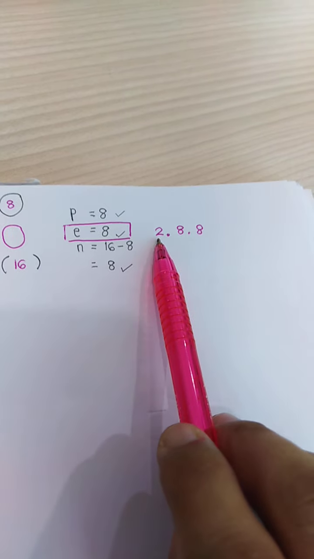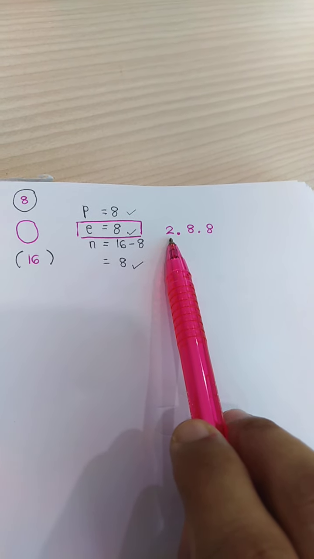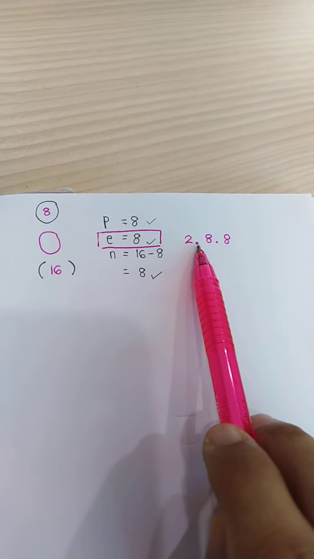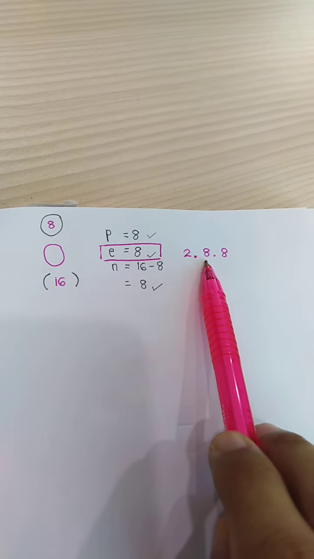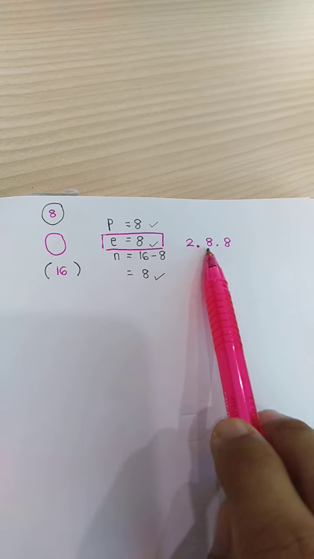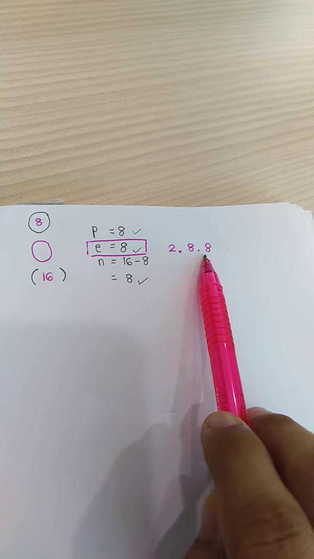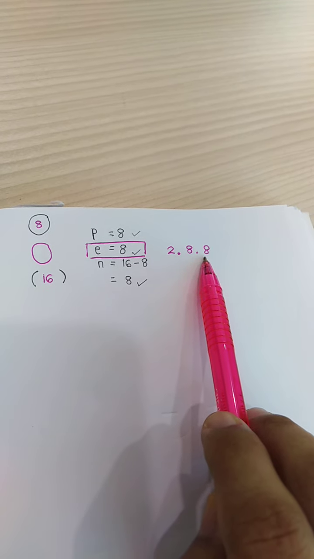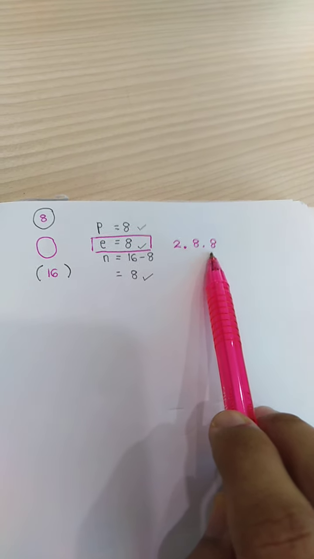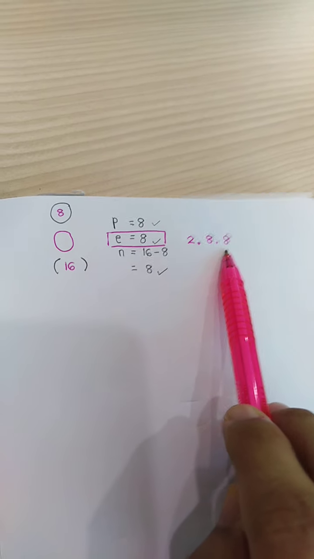Means the first electron shell contain only 2 electrons. Then the another 8: maximum 8 electrons can be put into the second electron shell. And the third one is the third electron shell, which can only maximum occupy 8 electrons only.